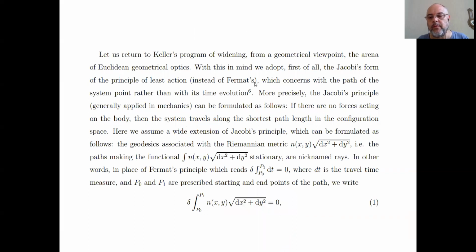And one important thing that they used here is that instead of the Fermat principle, they are using the Jacobi principle.